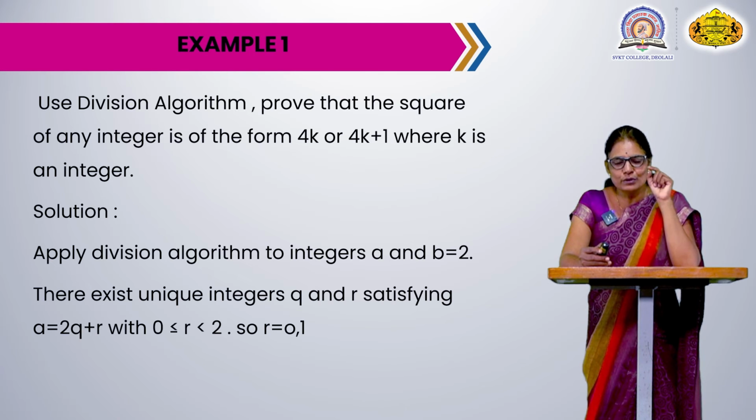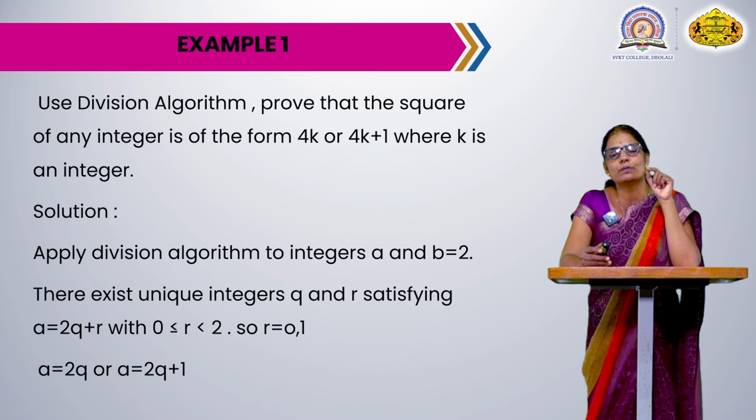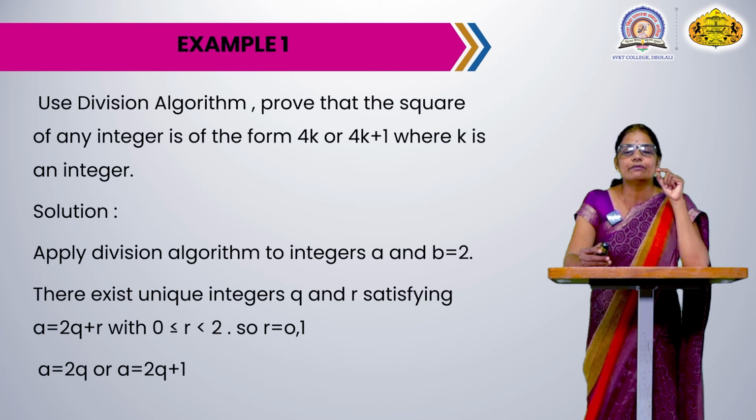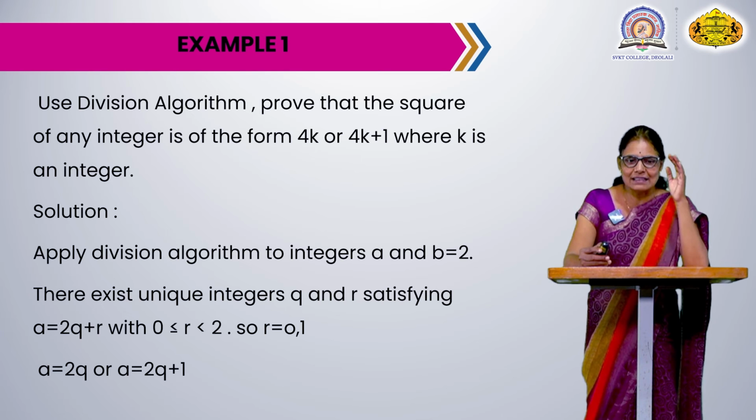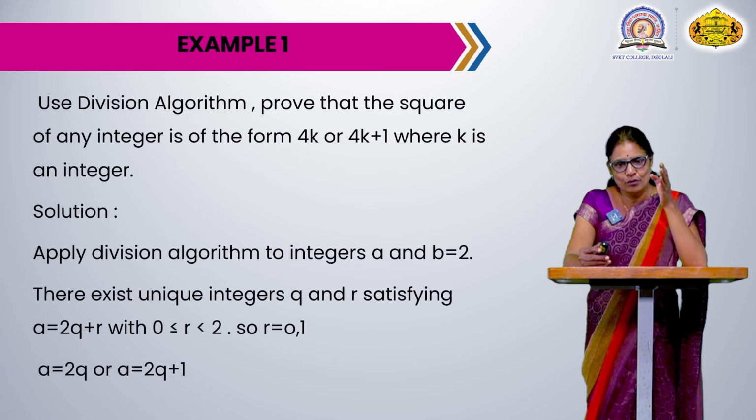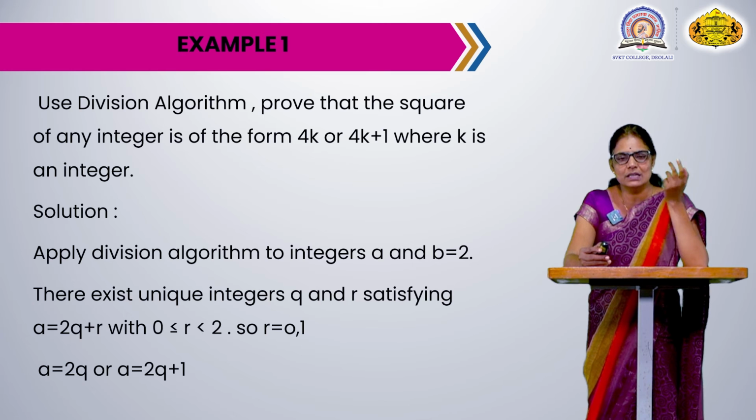So first put r equals to 0 and then 1. So a becomes a is equals to 2q if I put r equals to 0 in a equals to 2q plus r, and then put r equals to 1, so a becomes 2q plus 1. So it means if we divide any integer by 2, then it can be written either in the form a equals to 2q or a equals to 2q plus 1.